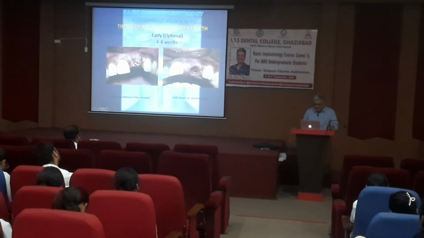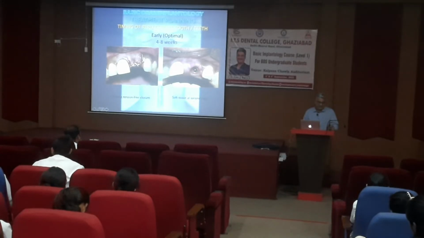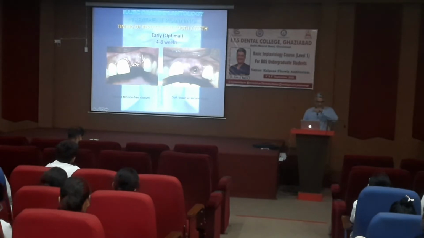So here if you see, we still have a good architecture but not as good. This should have been compared with the labial architecture of your right side, 1-1. This is 2-1. So now when we place the crown, see where the labial margin is and see where the labial margin of your existing tooth is.